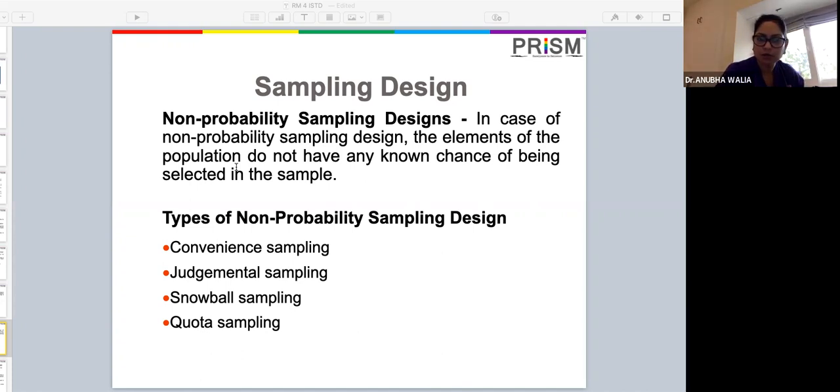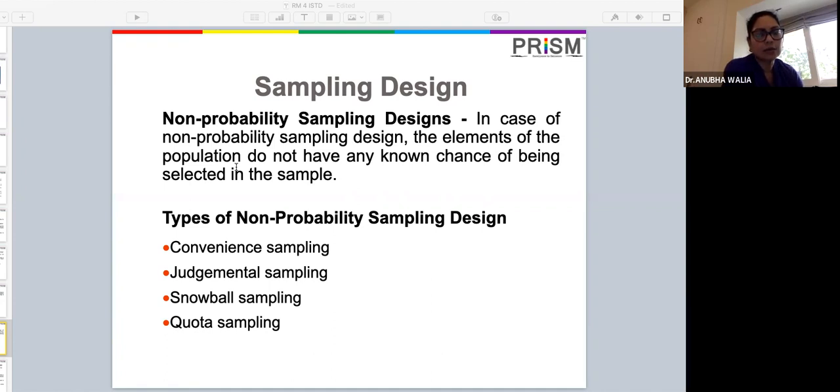The interviewer might attempt to interview those who look most helpful. And these samples may be biased because not every unit has a chance of selection. So again, we end up using the random element with its greatest weakness, the quota versus probability matter we use on this.